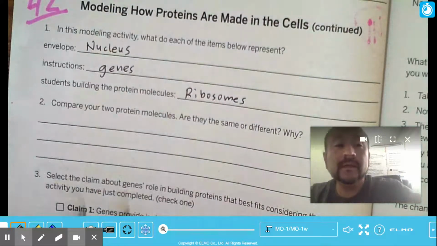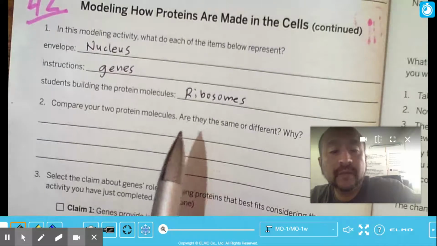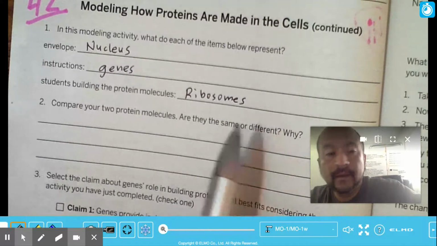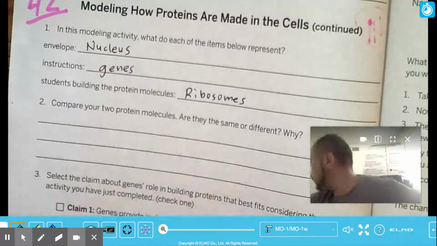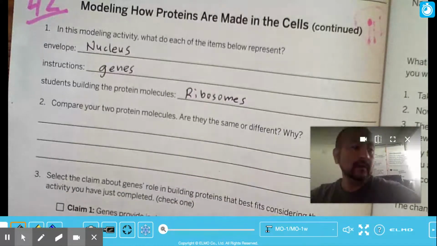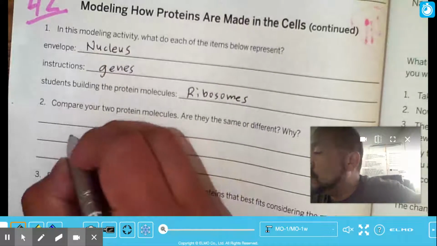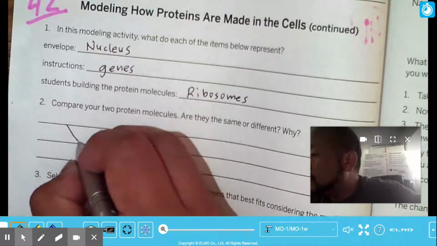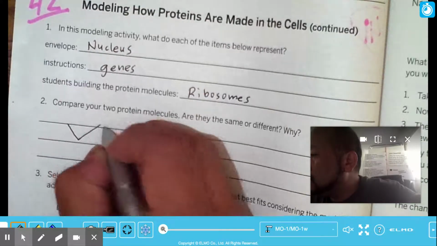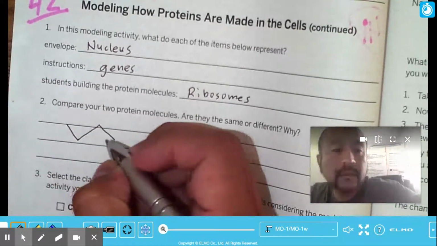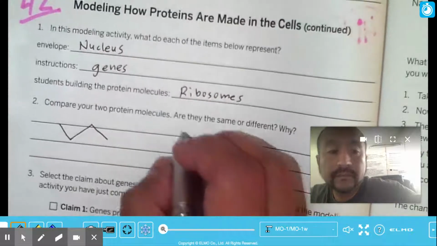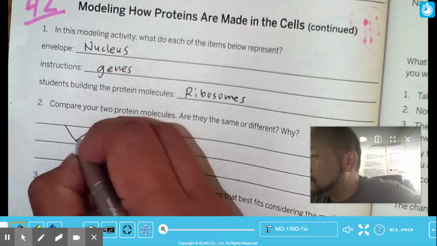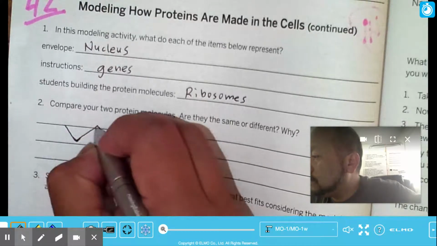Now it says there, compare your two protein molecules. Are they the same or are they different? I don't have my protein molecules with me, but I believe they look like this. One looked like this, and they had a joint here that connected them.